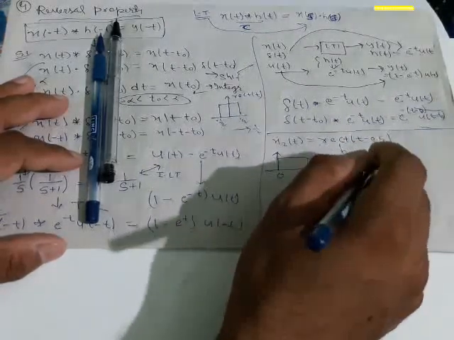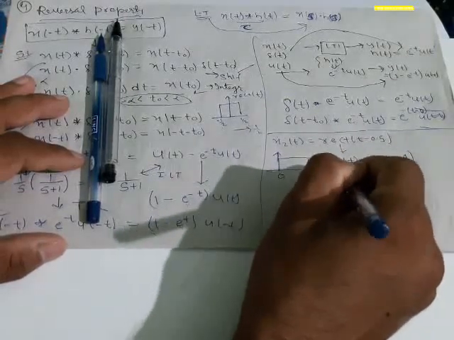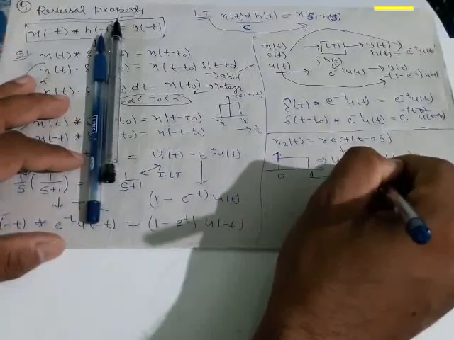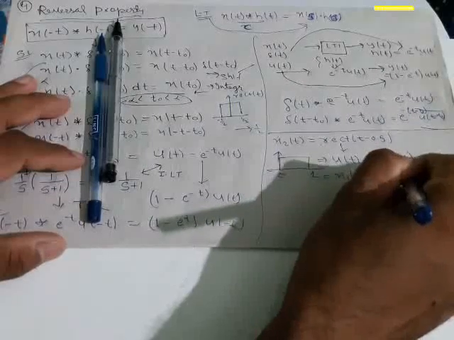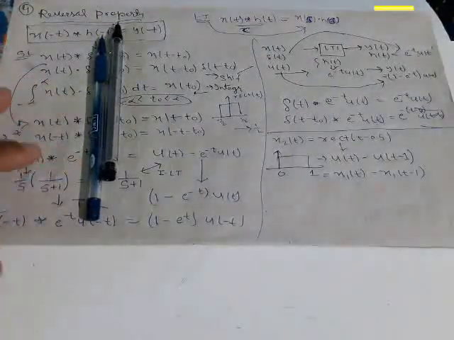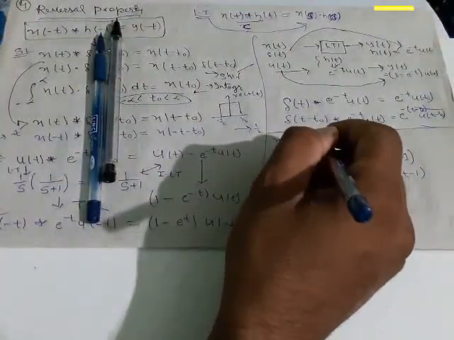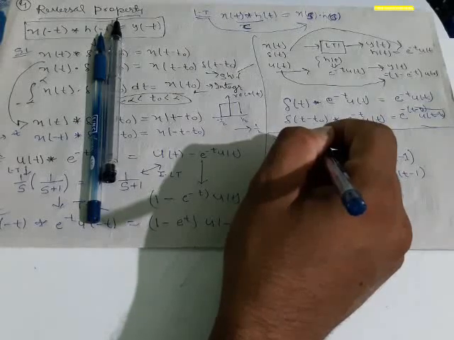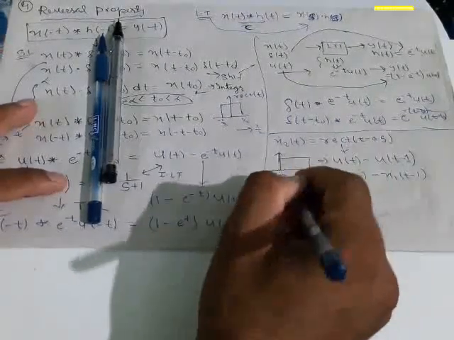So we can write it as x of tau d tau times the integration of h of t minus tau dt. This one is the area Ax, this is Ah, and this is Ay. Output area, input area, impulse or system response area.